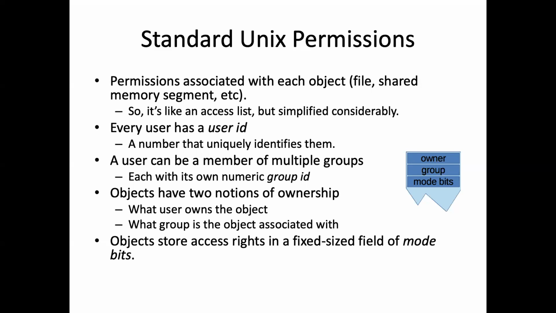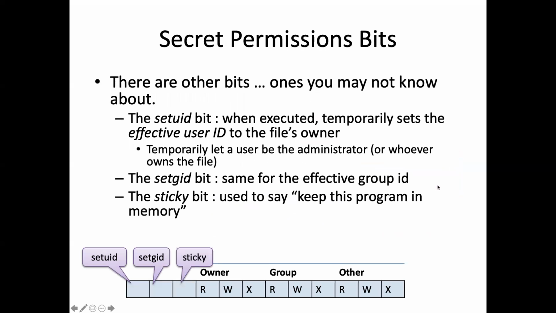But 9 bits for the mode bits is a weird number to have to store. Depending upon how you stored that, you'd probably have some extra bits, and at least on a Unix system, those extra bits are used. Historically, they've been used for different things, but I normally describe this as, for every file, there are 3 additional bits that describe what users can do with that thing.